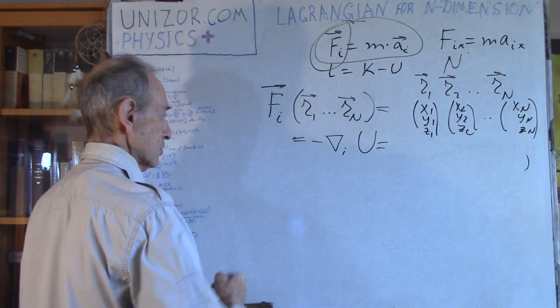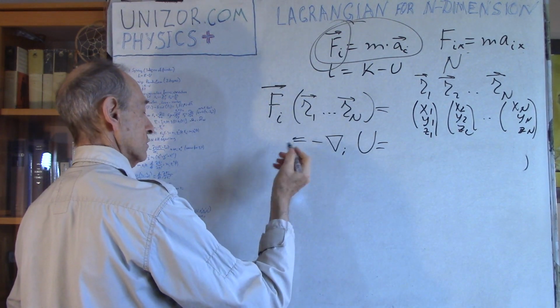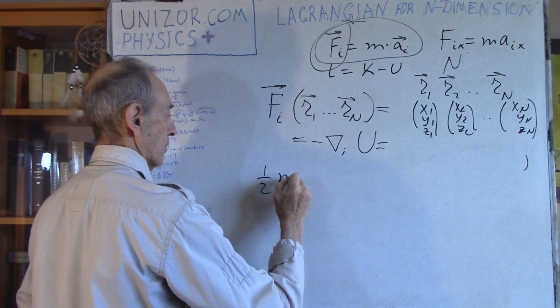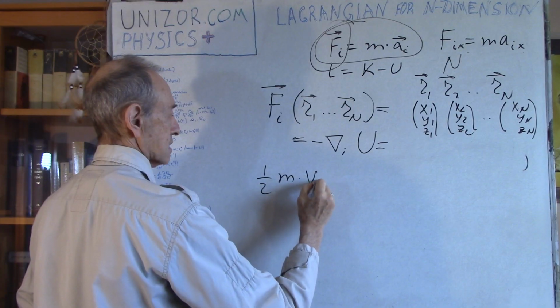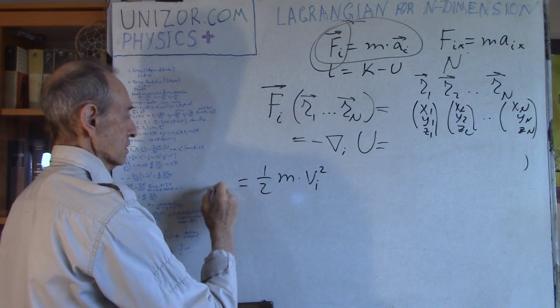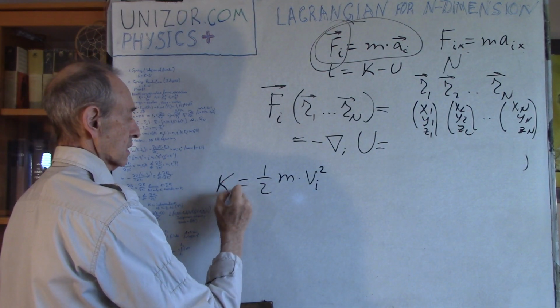Now, kinetic energy of, let's say, i's object is 1/2 mass times speed squared. This is speed along the trajectory. So this is K_i.